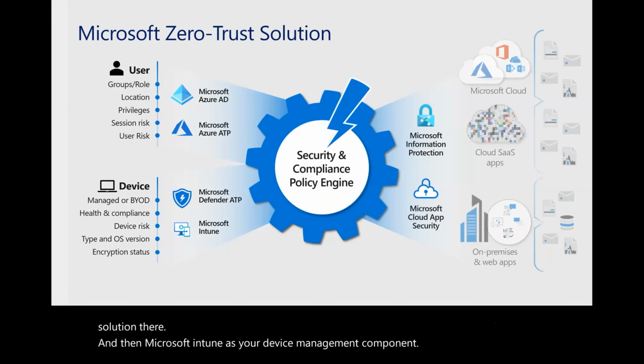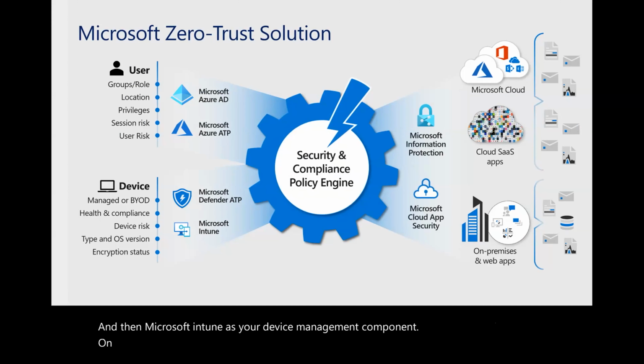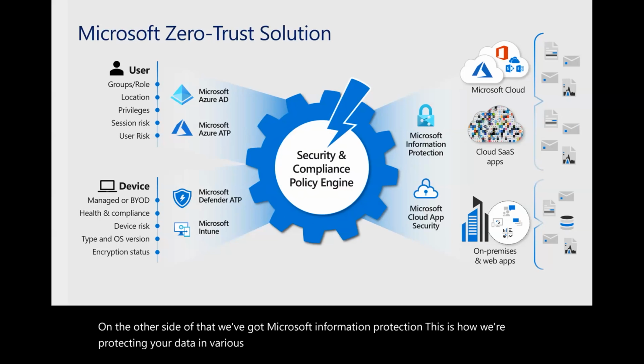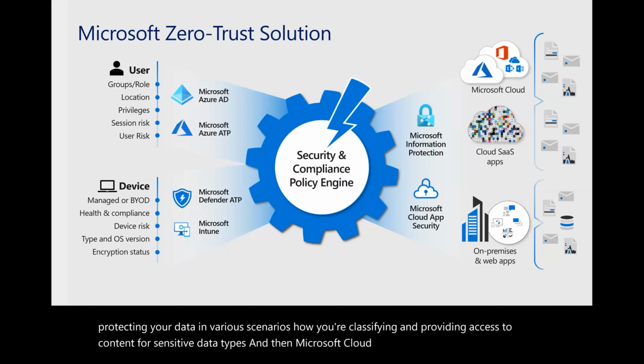On the other side of that, we've got Microsoft Information Protection. This is how we're protecting your data in various scenarios, how you're classifying and providing access to content for sensitive data types. And then Microsoft Cloud App Security, that's our CASB solution, Cloud Access Security Broker.